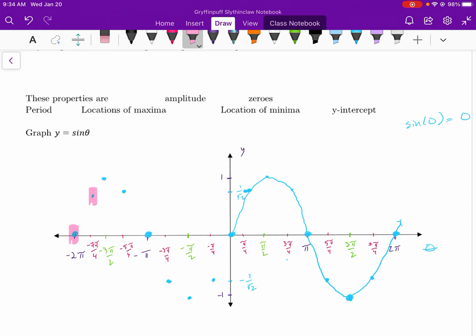I could look at the table and say, oh, negative 7 pi over 4 has a sine value of 1 over root 2, and negative 2 pi has a sine value of 0. But what we see is this pattern.